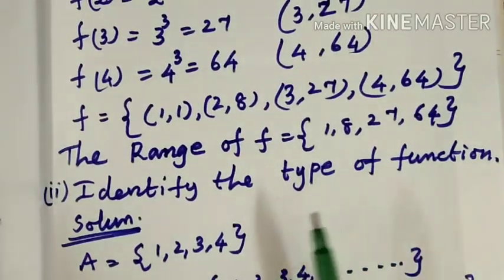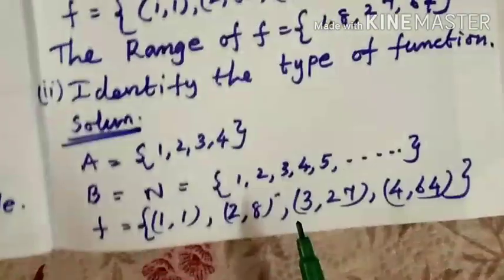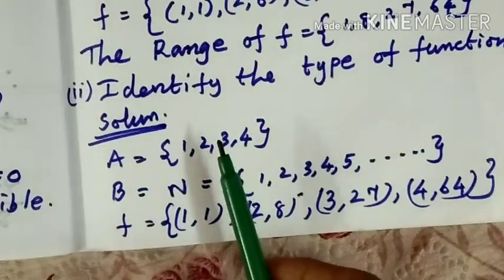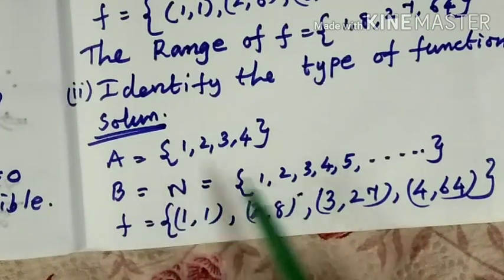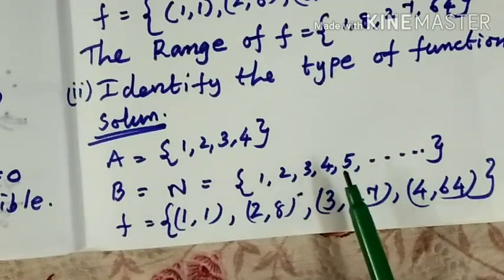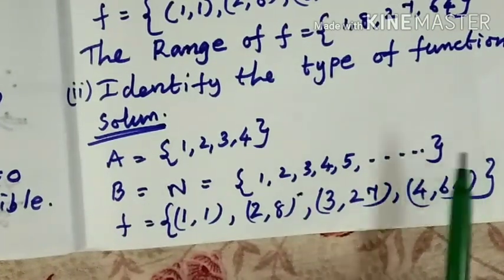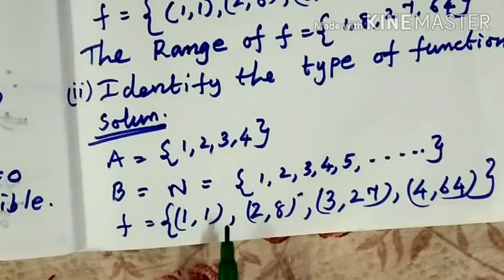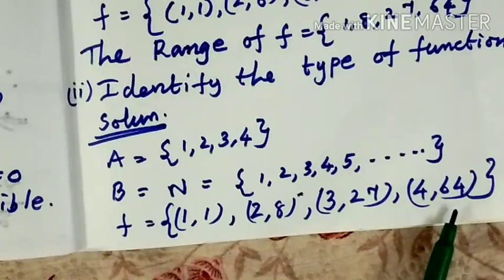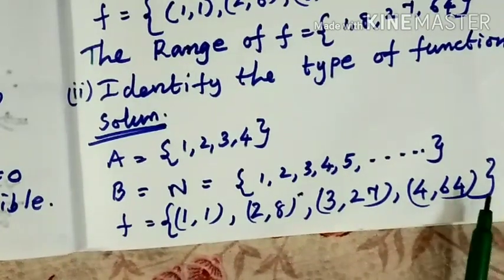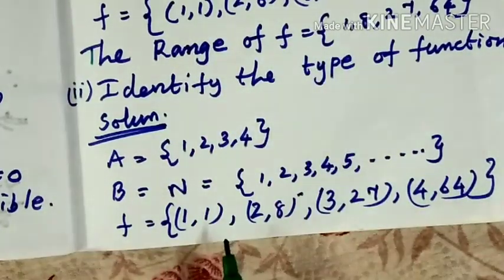So we have to find the type of function. First you take down and write the given elements: A equal to {1, 2, 3, 4}, B equal to N, that is 1, 2, 3, 4, 5 and so on. Ordered pairs f equal to {(1, 1), (2, 8), (3, 27), (4, 64)}, which we found in the previous subdivision.